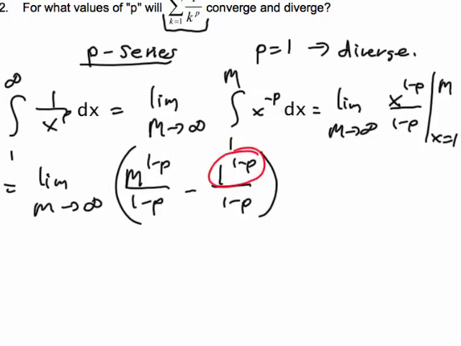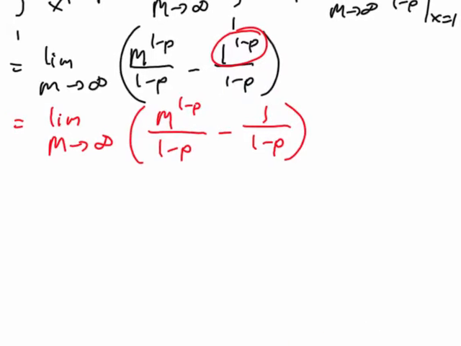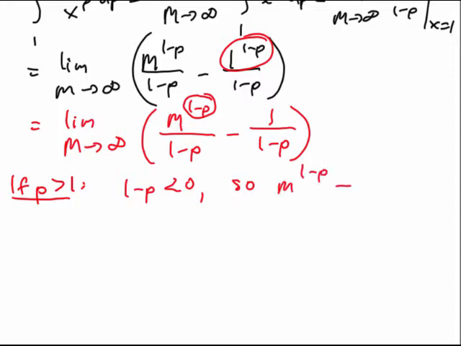And this will reduce to 1, so let me just rewrite it one more time. Alright, time to evaluate our limit. What this evaluates to is going to depend on our value of p. So let's consider p greater than 1. If p is greater than 1, our exponent is going to be negative. And that's going to mean that this is going to approach 0, since it's going to go to the denominator, and m is going to infinity.